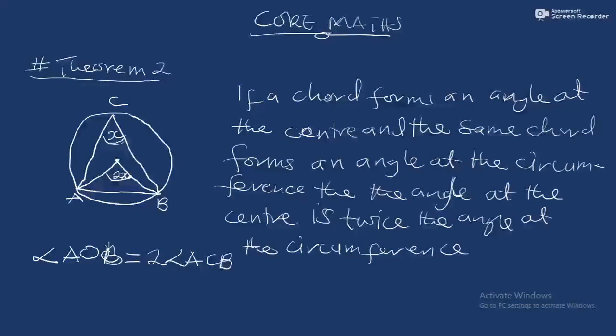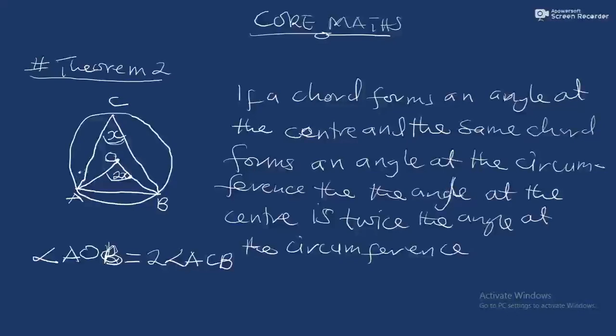Okay, so angle AOB is equal to 2 times angle ACB. So this is angle AOB, so the center is O. Okay, so angle AOB is 2 times angle what? ACB.